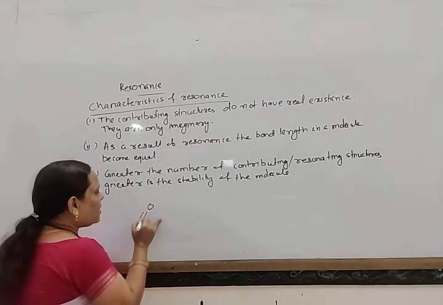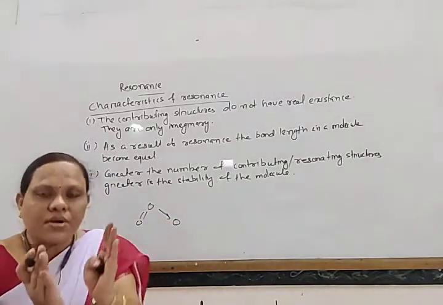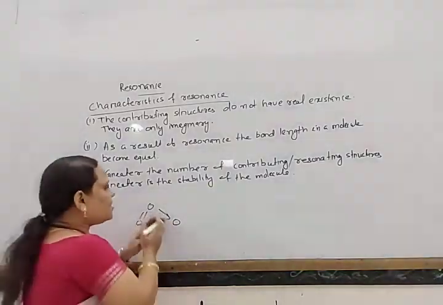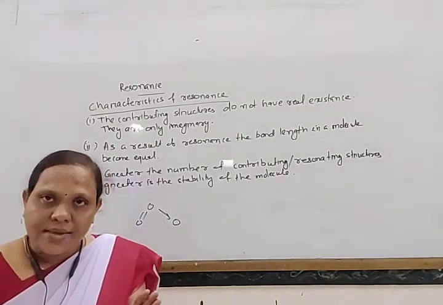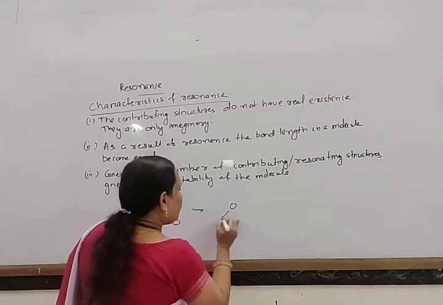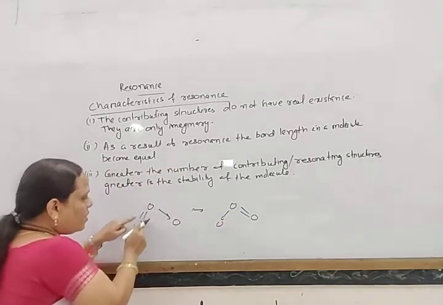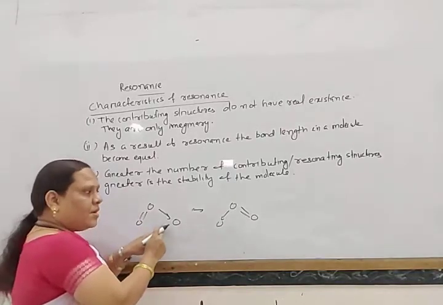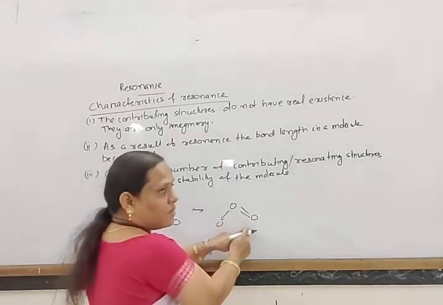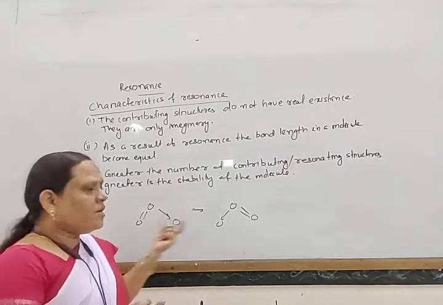Suppose the structure goes on like this. If this is a double bond, the bond length should be short. If this is a single bond, the bond length should be long. But actually, due to resonance, here a double bond and here a single bond appear, and here a single bond and here a double bond appear. In this way, the actual structure of the ozone molecule is in between these two.